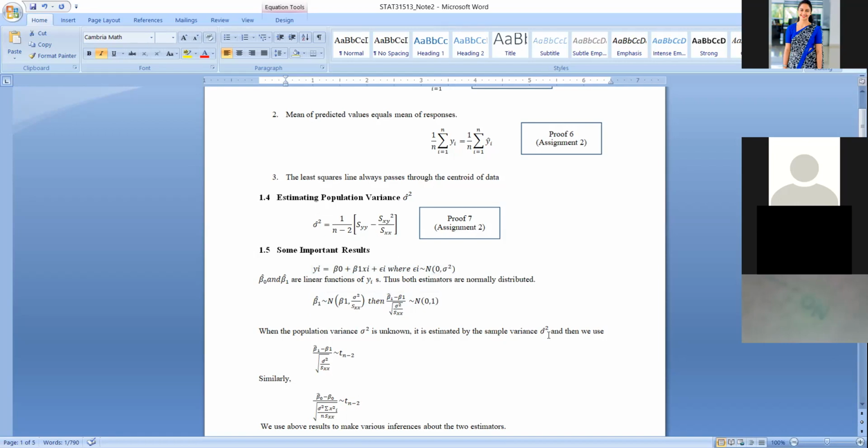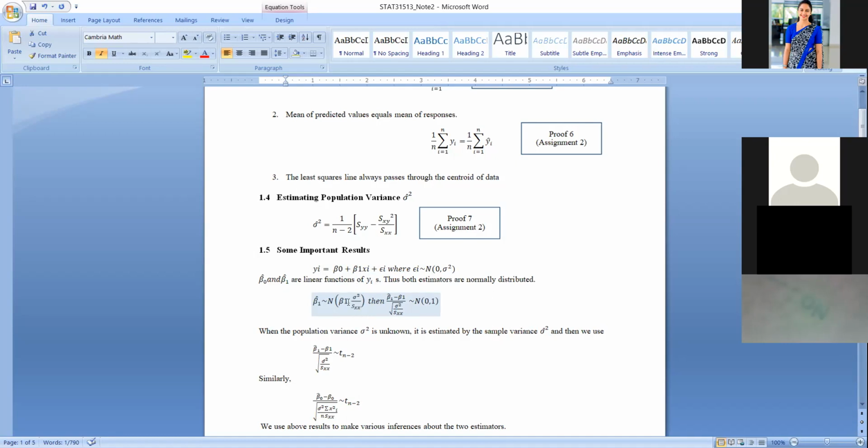So in that case, we can show that the mean value of beta 1 hat is equal to beta 1. And if you check the variance of beta 1 hat, you will see that it is equal to sigma squared divided by SXX.